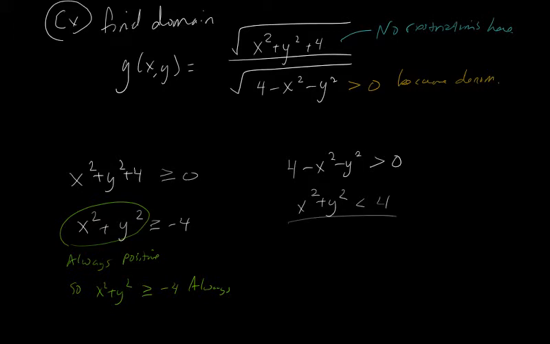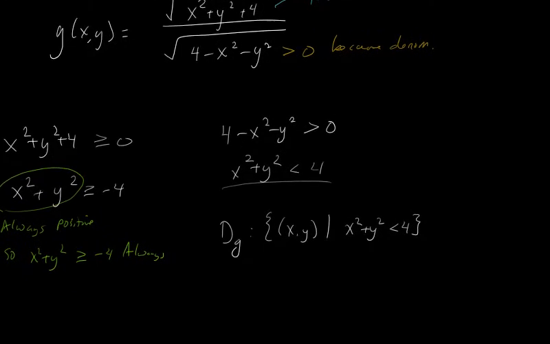So since there were no additional restrictions from the numerator, our domain for g is simply going to be the set of all x, y such that x squared plus y squared is less than 4. And there are many ways that we can describe this. One thing we want to be careful to do is not to say, well, x is a number between negative 2 and 2, and y is a number between negative 2 and 2.